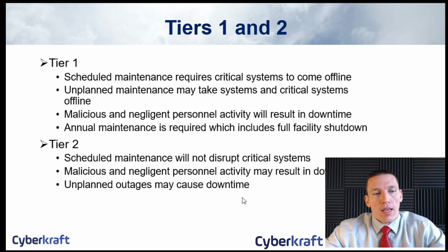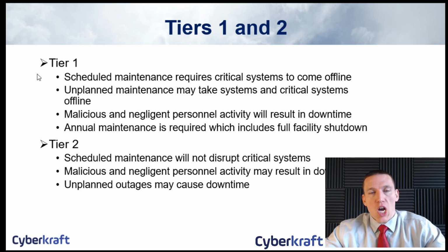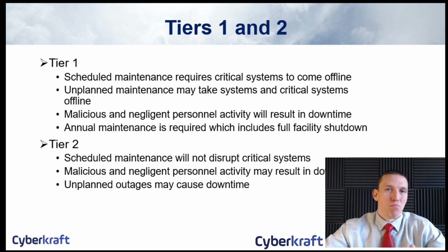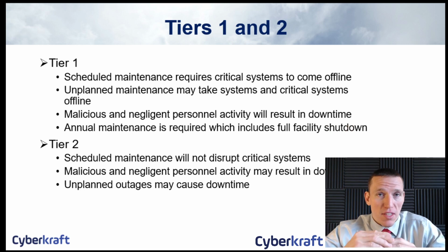Okay? And you'll see common themes here with each of these tiers. Malicious and negligent personnel activity is going to result in downtime. So you see this is fairly vague, but if you combine all of these subpoints together, you can get an idea of how the data center operates.